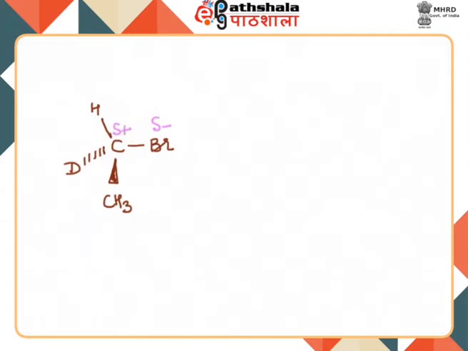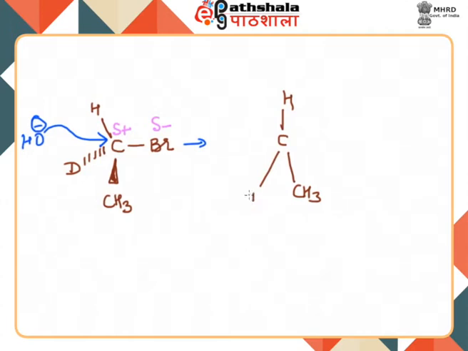And now as this molecule is attacked by OH minus, this OH minus will be attacking from back side and it will result into the transition state where these three substituents, that is H, CH3 and D, are in one plane and the C-Br bond is partially broken and the C-OH bond is partially formed.